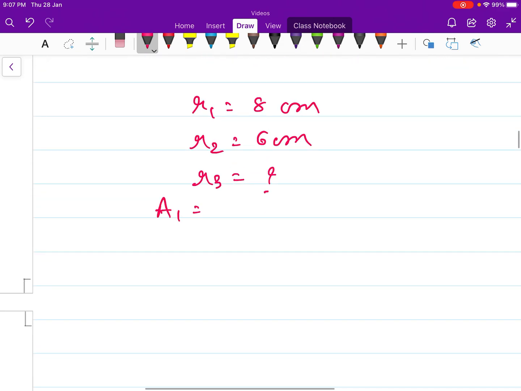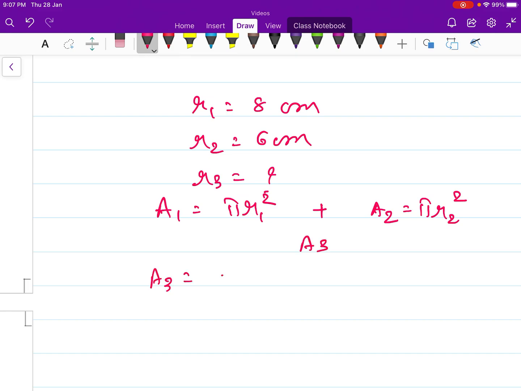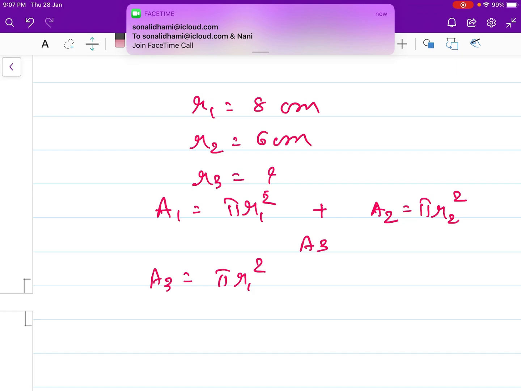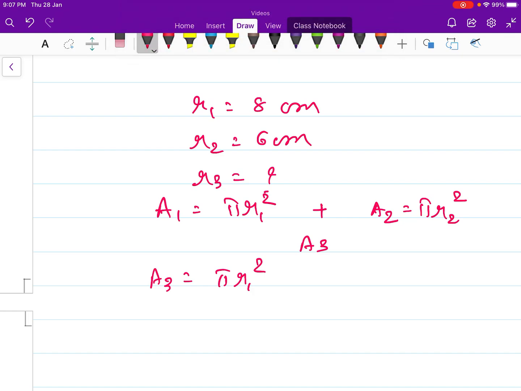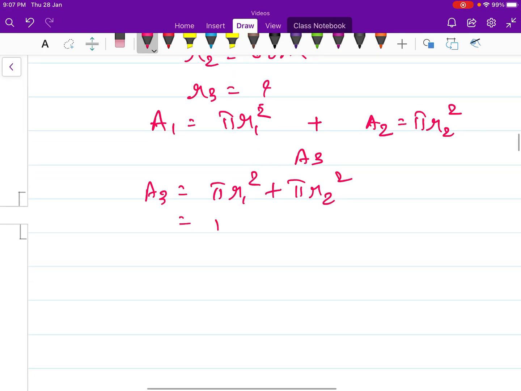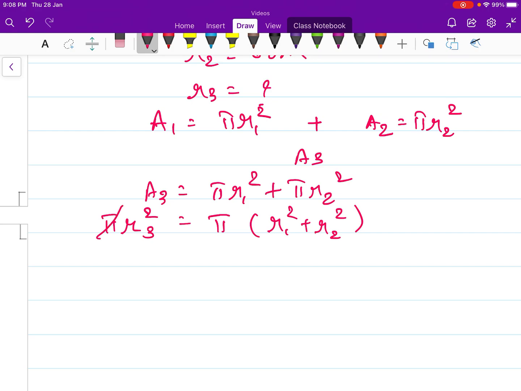Now A1 is equal to pi r1 square and A2 is equal to pi r2 square. And when we add these two, we get A3. So A3 is equal to pi r1 square plus pi r2 square. So we get pi common, r1 square plus r2 square, and this is pi r3 square. So pi gets eliminated.